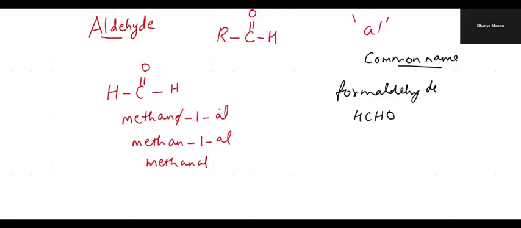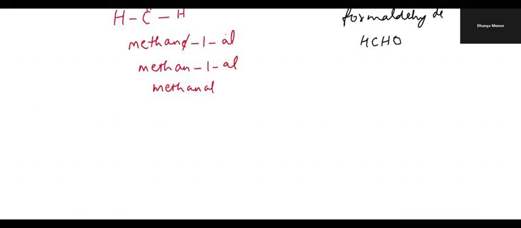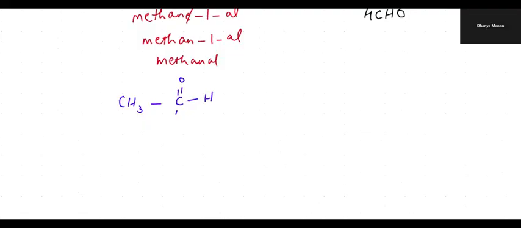Okay. Now coming to the next member, CH3COH, the second member. So in aldehyde, the carbon atom having the double bond is also considered while numbering. Okay. So over here, it is 2 carbon atoms.